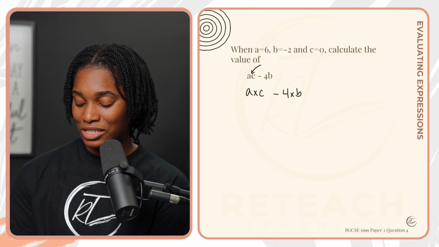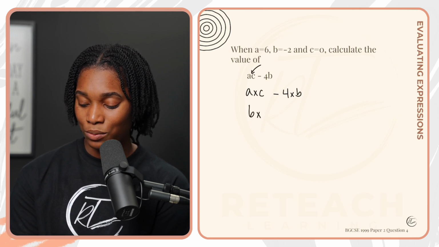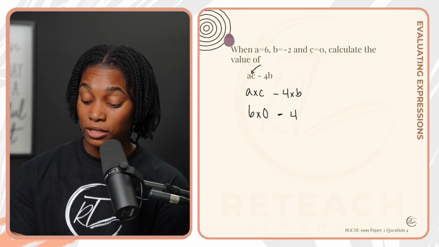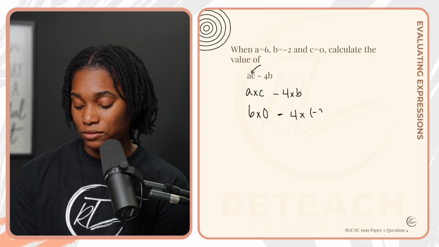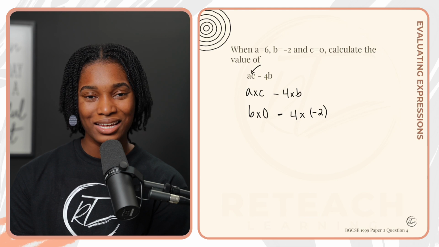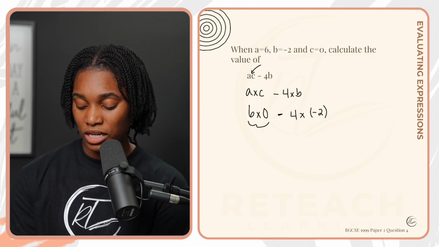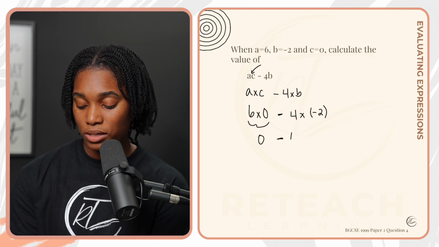All right. So what is A? A is 6. So that's 6 multiplied by what is our C? Well, C is 0. And we're subtracting from that answer 4 times B, which is a -2. All right. So let's take a look at that. So 6 times 0 right here, that's going to give us a 0. And then we're subtracting from that 4 times a -2.